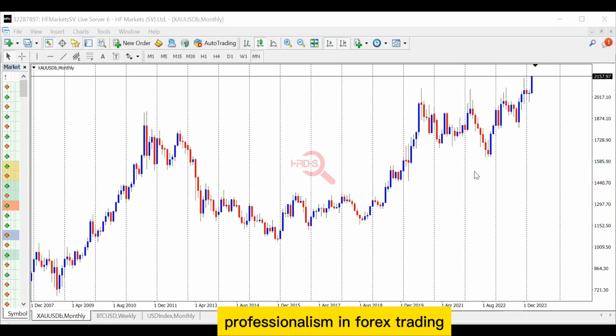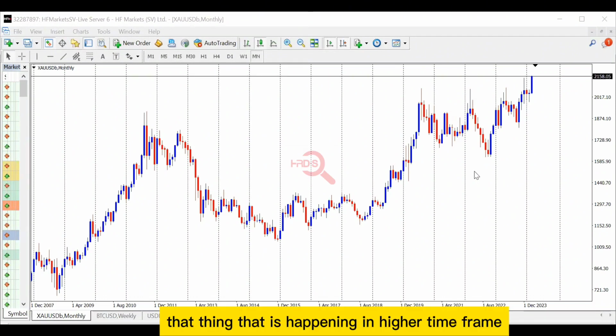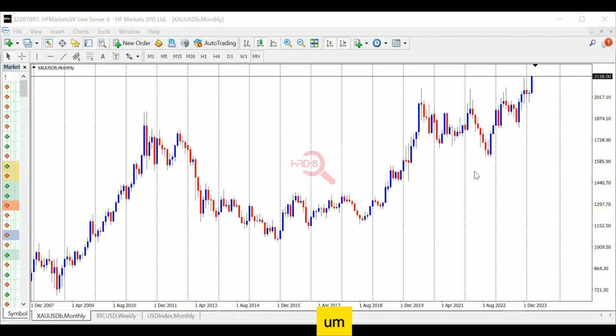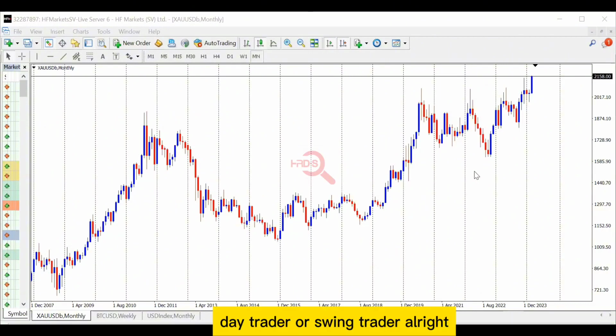Professionalism in forex trading or stocks trading or whatever financial assets you are trading entails your understanding of what the market is doing in the higher time frame, and then being able to communicate that in your lower time frame where you place your entries as a day trader or swing trader.